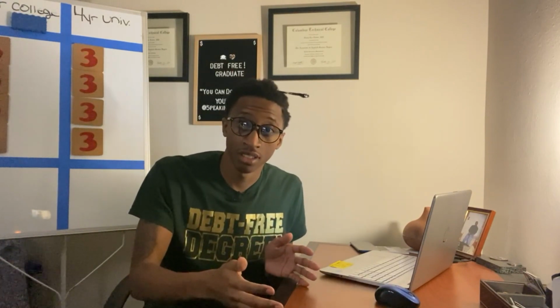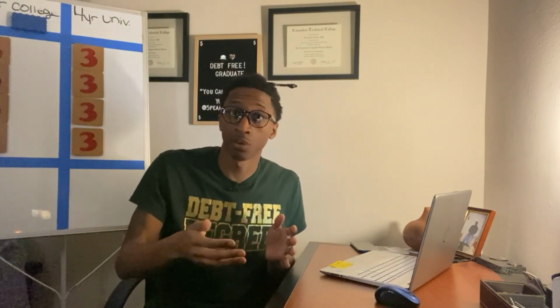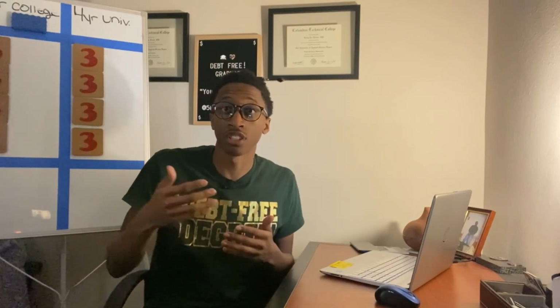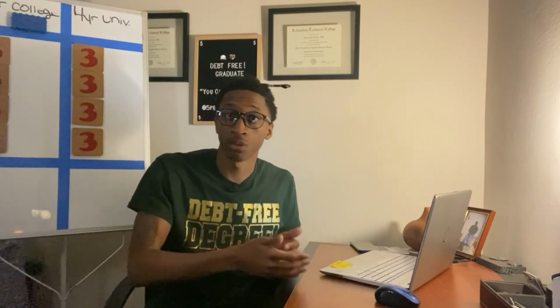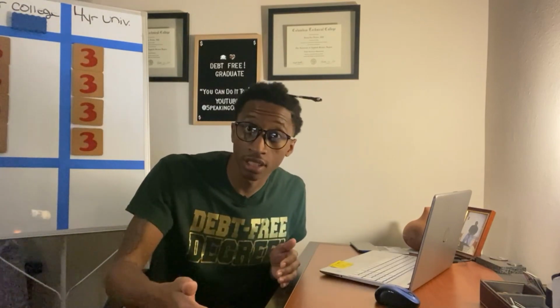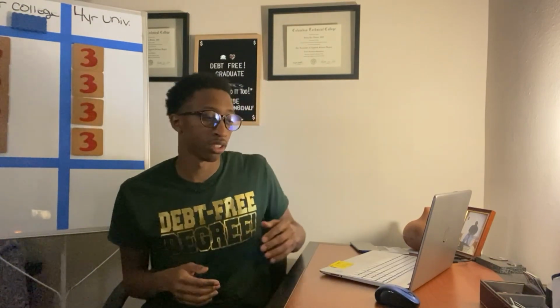In simple terms, that's how you do it. And if it's 120 per credit hour and you're taking a 13 credit hour schedule, same concept. You're going to do 120 times 13. So let's go to our whiteboard.